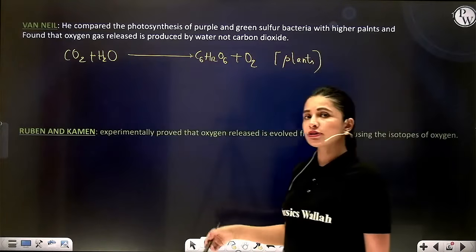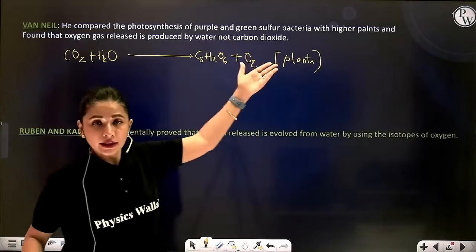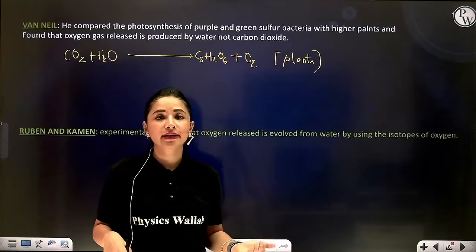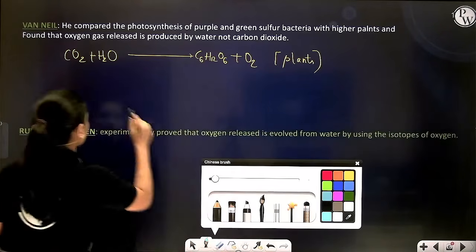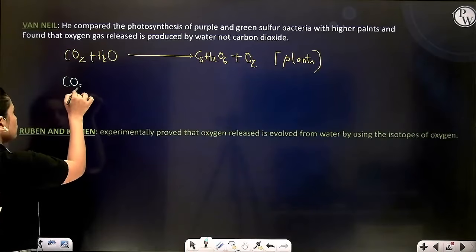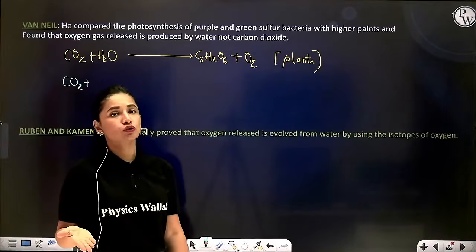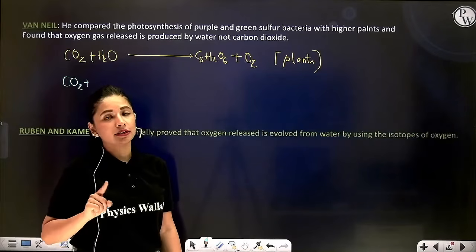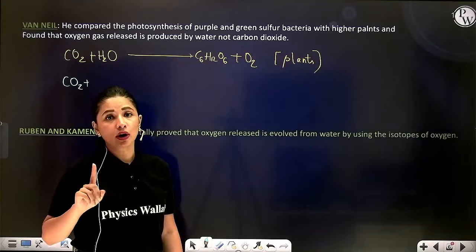Now let's try to write the photosynthesis equation performed by photolithoautotrophs, that is purple and green sulfur bacteria. Their equation is CO2. Now the concept is the same. CO2 needs to get reduced, but the reducing agent in such bacteria is not water.